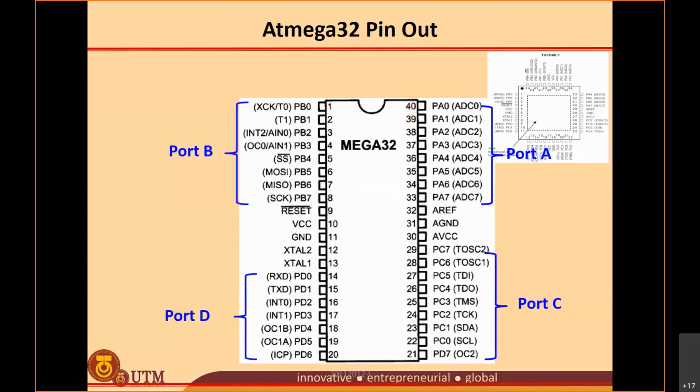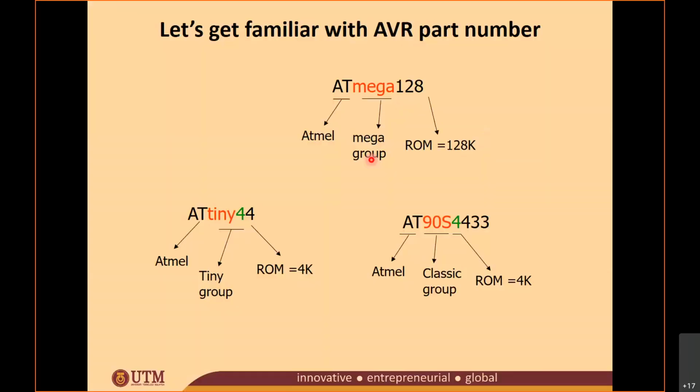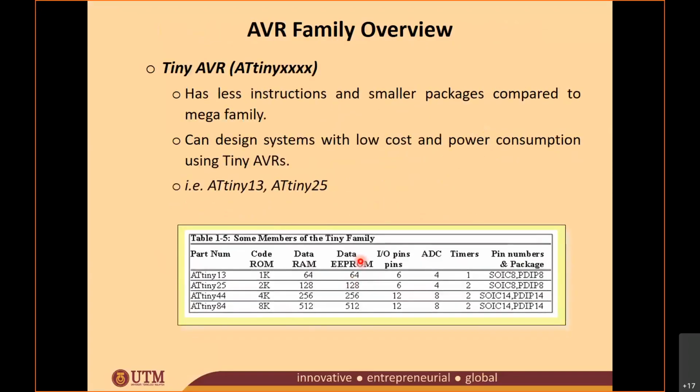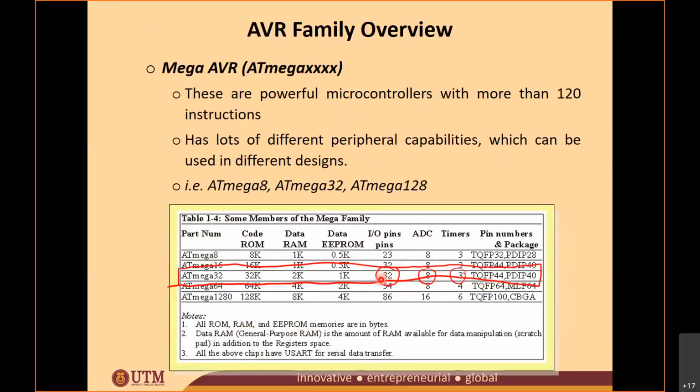Okay, how many input outputs are available for the Atmega 32? We can see here you have 32, a total of 32 input output ports.